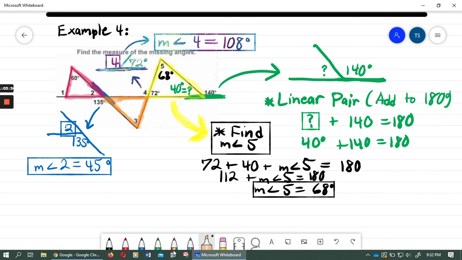By the way, before we get into this third triangle that I've highlighted with orange, let's find angle 1. Now that we know that angle 2 is 45 degrees, we can figure out what angle 1 is.